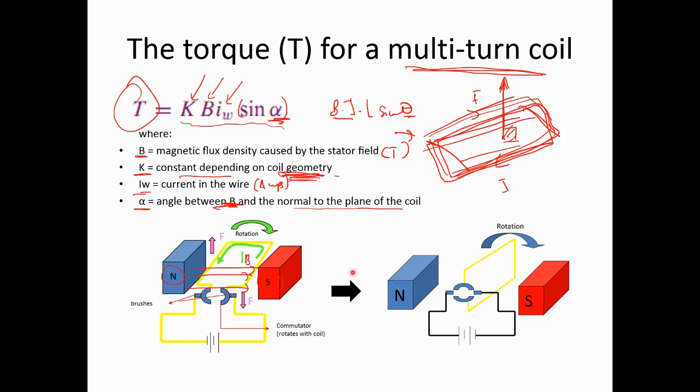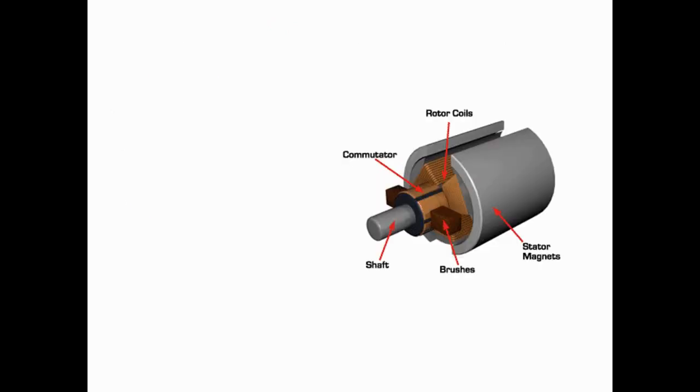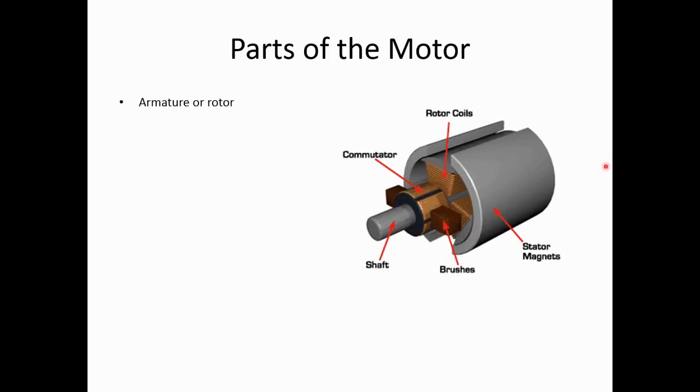Of course, we'll see later how it operates and functions. So basically, this is the basic principle of how we create a motor. This is the basic principle of how a motor works in motor mode, right? So now let's look at the parts of a motor.